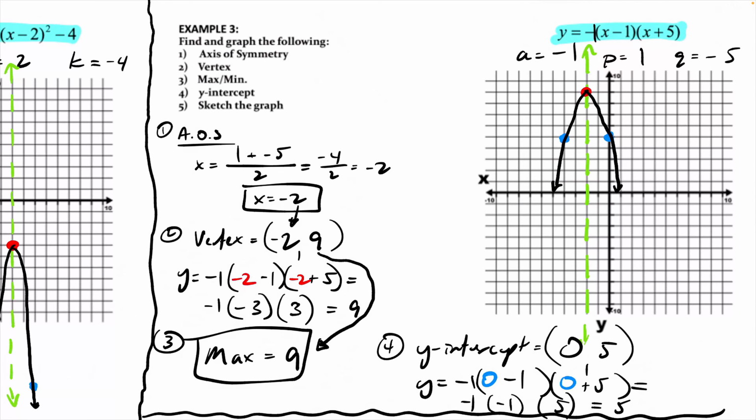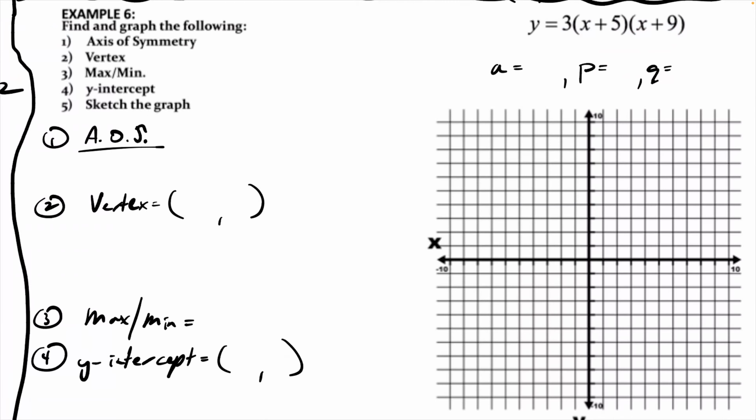We'll do it together. I'll do it with you guys afterwards. So just help me out. What is A going to be for this guy? 3. Arrows up or arrows down? If you don't know, it's okay, we'll come back to it.